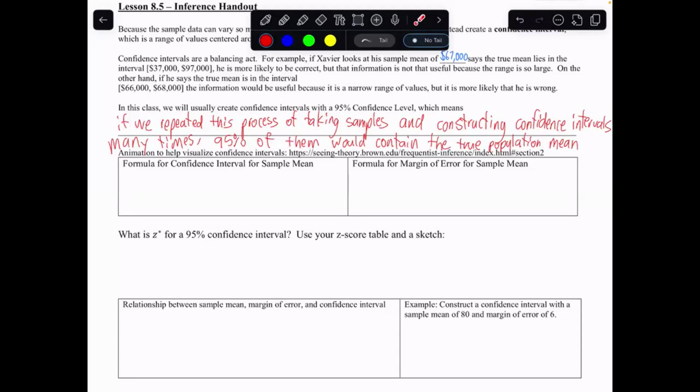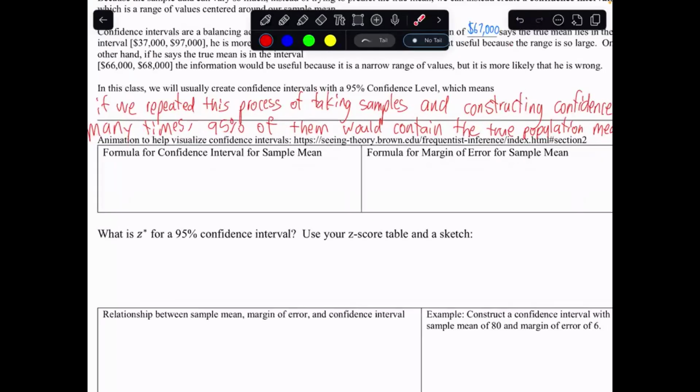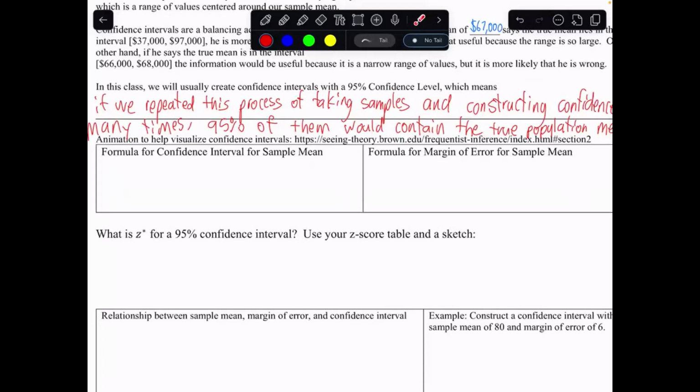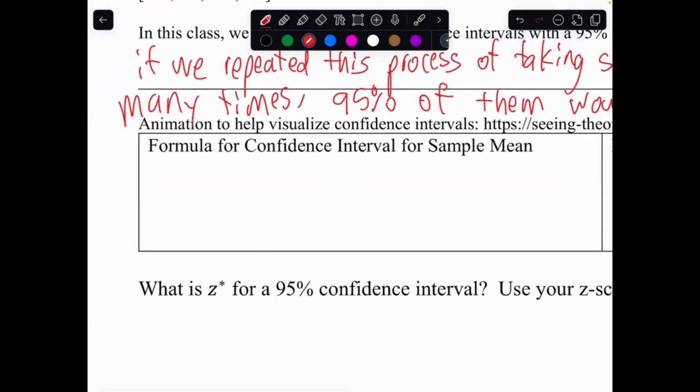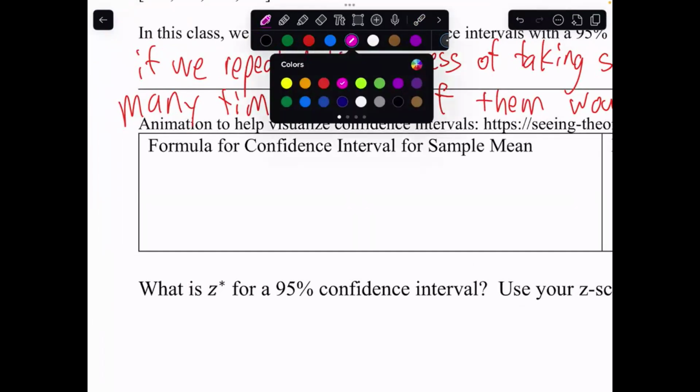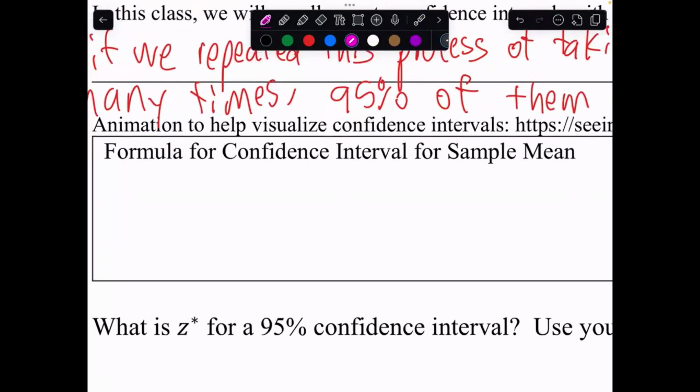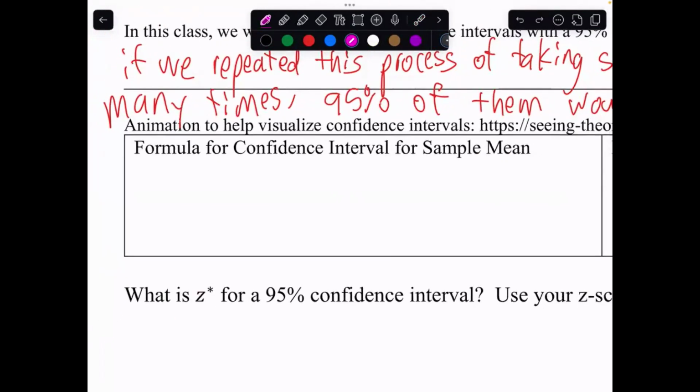Now that we have seen the way confidence intervals work, how do we construct them? There's a mathematical formula here. You may have seen this on your reference sheet, the one with the z-score table. Let me take a step back.